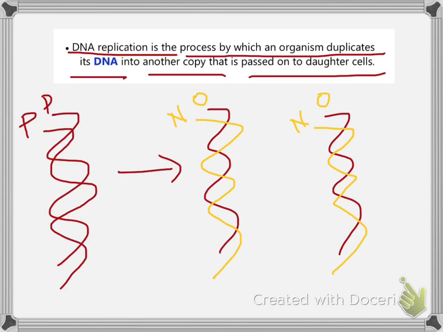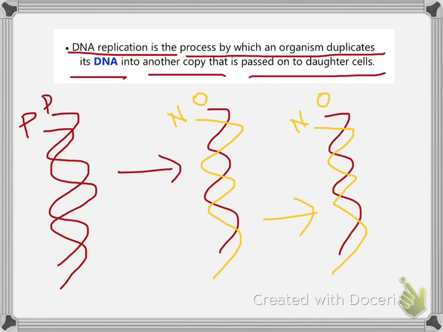This type of replication is known as semi-conservative replication. That is, half of the DNA is conserved and this will then pass to the daughter cells. So the newly synthesized copy of the DNA is passed to the daughter cells.